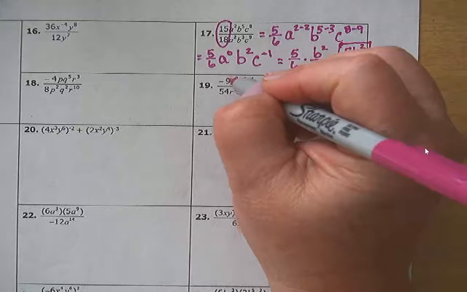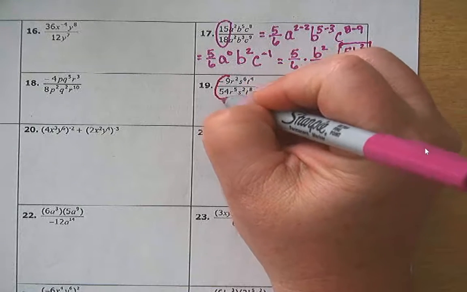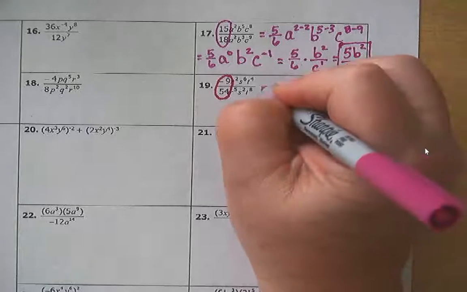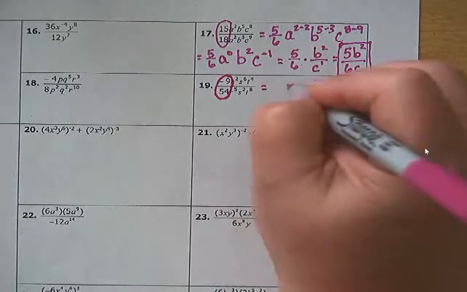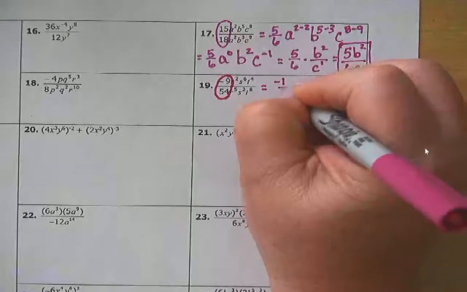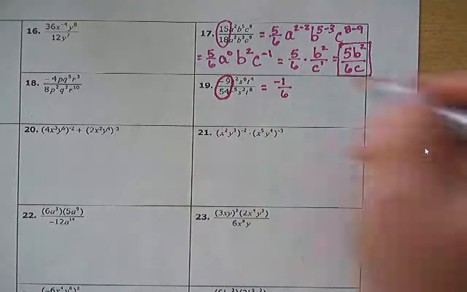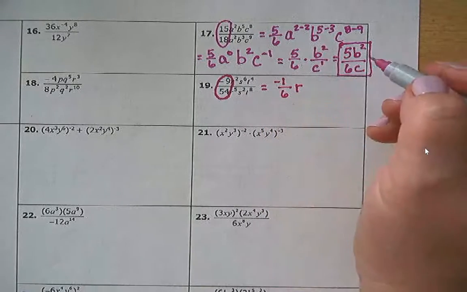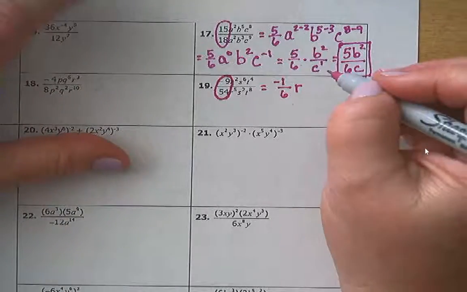For number 19, again, I will look at my fraction, normally negative 9 over 54, and both of those can be divided by 9, negative 1 over 6. R, is that a negative 5? Nope, just a 5.